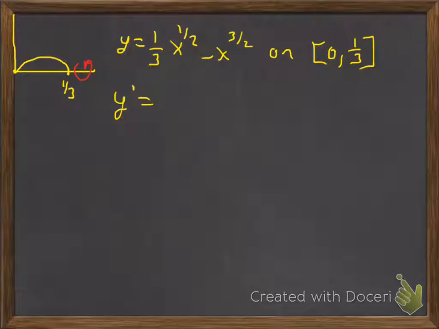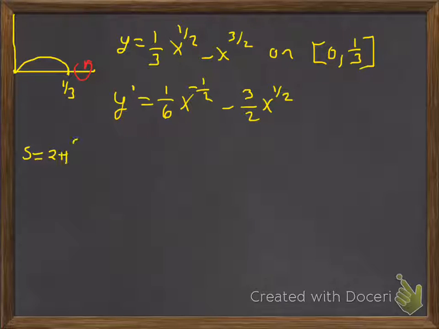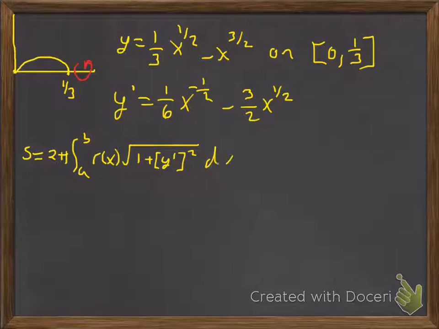This is going to be continuous enough here on the open interval. So let's go ahead and take the derivative, and we'll put this into our surface of revolution formula. And on that previous slide, we're going to be working with that integrand.